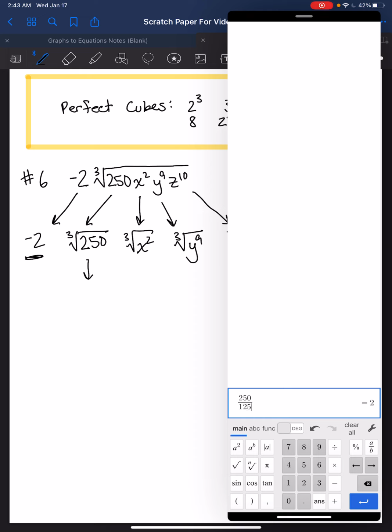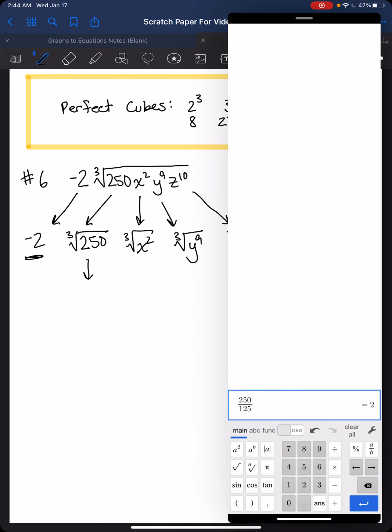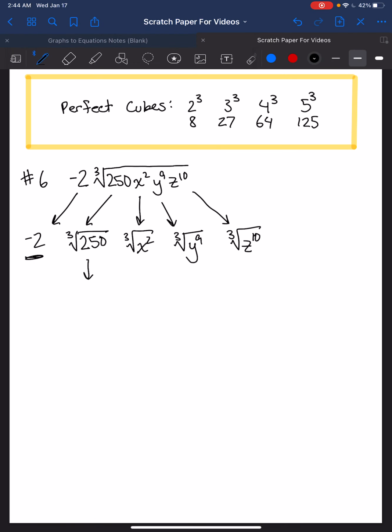It's 2. And 2 can definitely not be broken down any further. So that's the number I'm looking for.